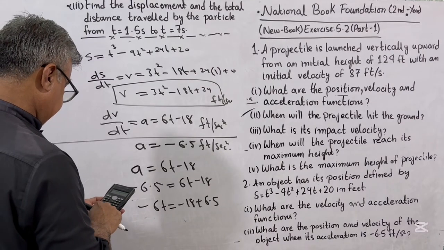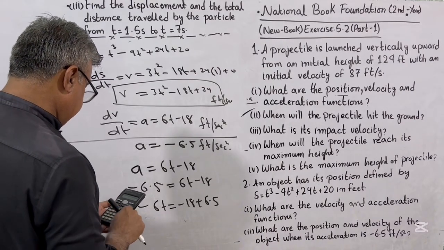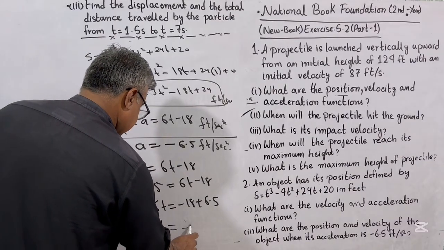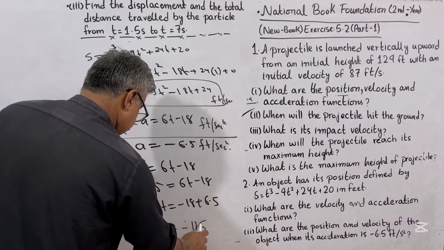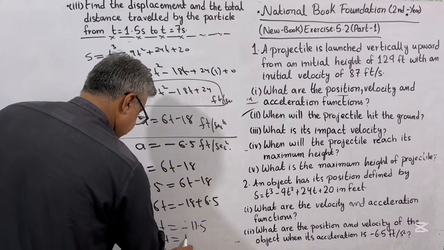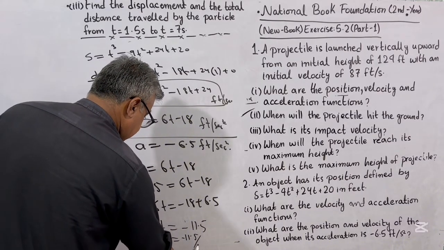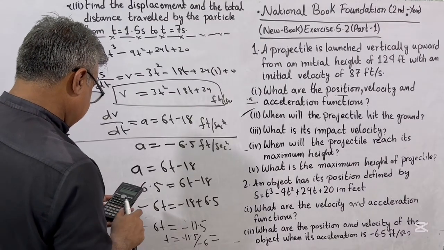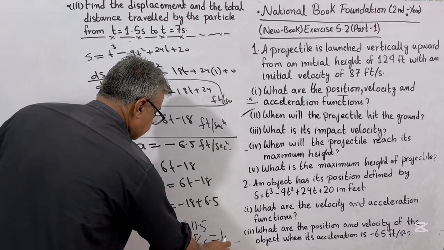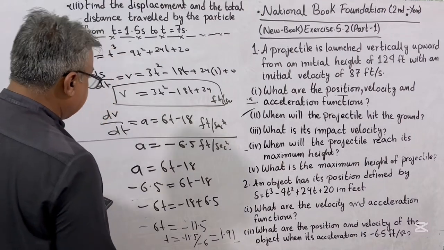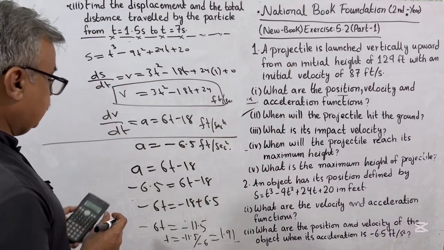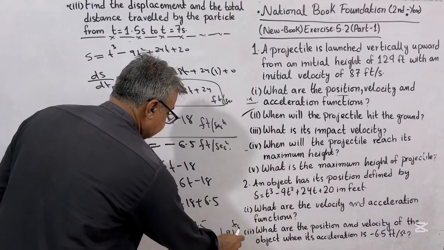18 minus 6.5 is 11.5. Dividing negative 11.5 by minus 6, we have time almost 2 seconds, 1.91 seconds.